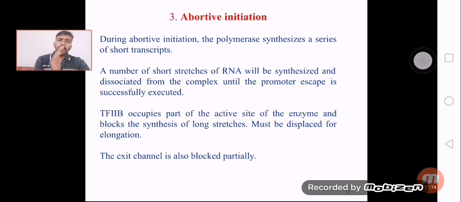Once it reaches around 10 to 12 nucleotides, the bound region of the RNA polymerase will be over. Now the RNA polymerase will try to move in the forward direction so that the polymerase can synthesize the next part of the chromosome.